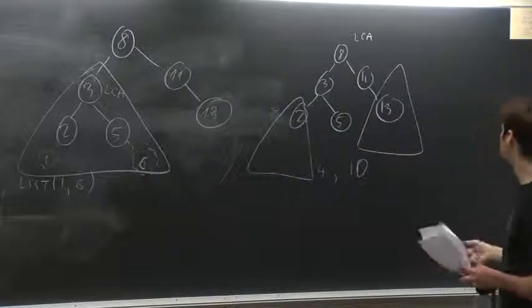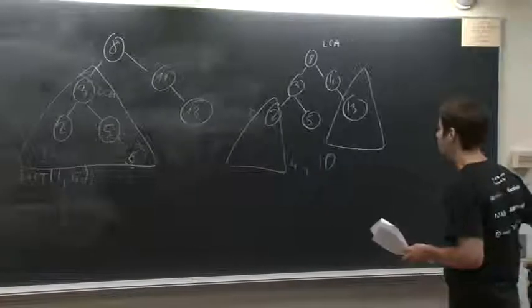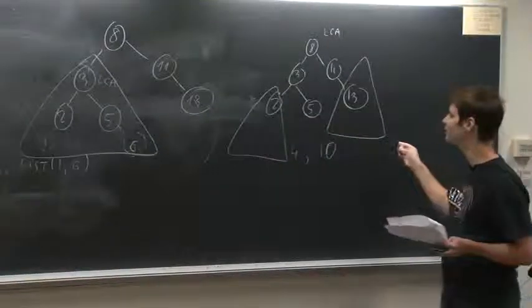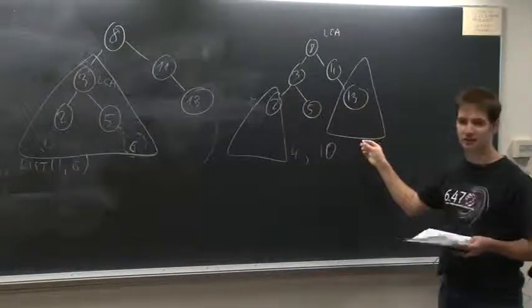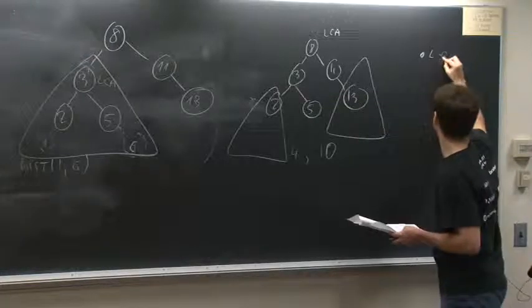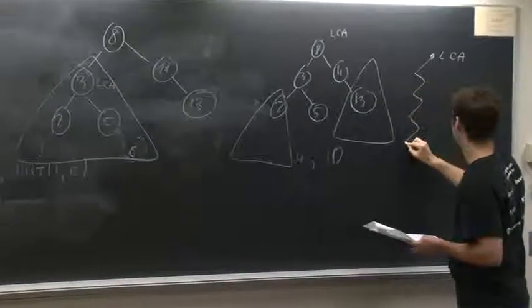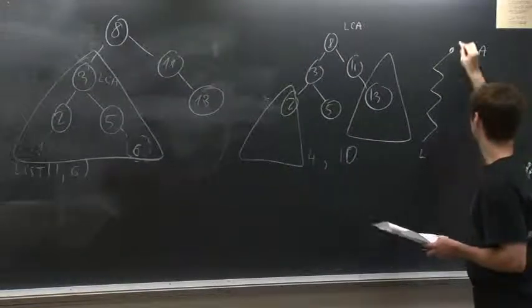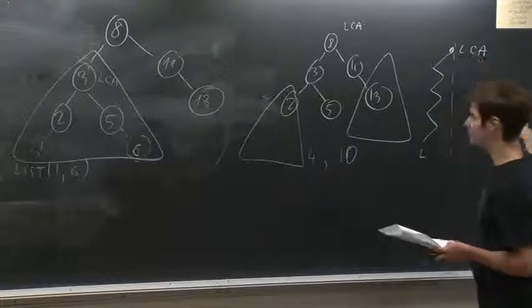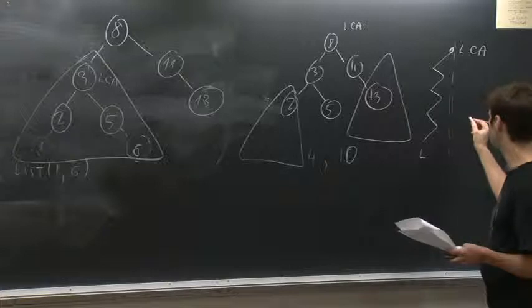Okay, let's look very quickly at an intuitive way of analyzing the running time for this. So suppose I have my LCA up here, and suppose I go on a path from LCA to L, and let's not worry about H. H is somewhere here. The case is going to be symmetric.